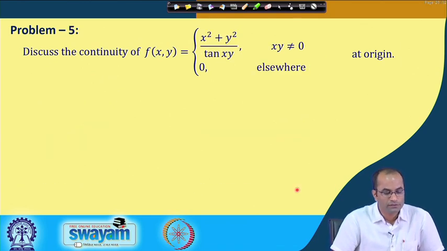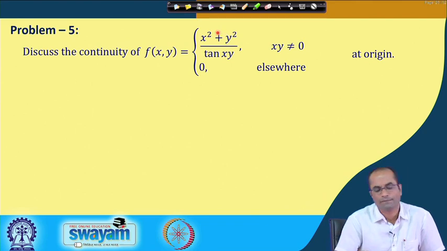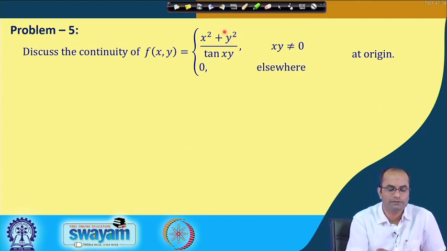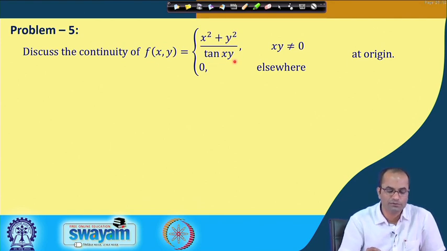Now, moving to the next problem, here we have x square plus y square over tan x y. Looking at this function, it is difficult to see what the limiting value will be, whether the limit will exist, and what substitution we should make.